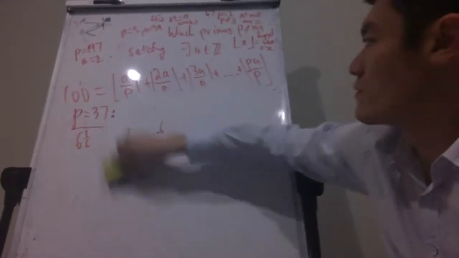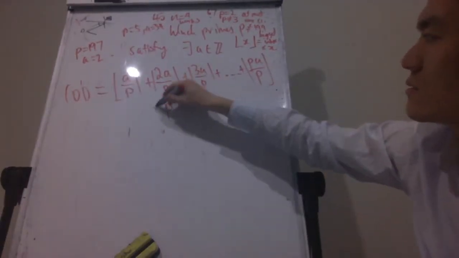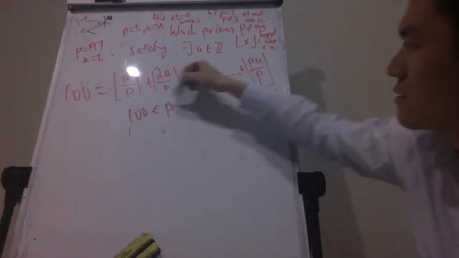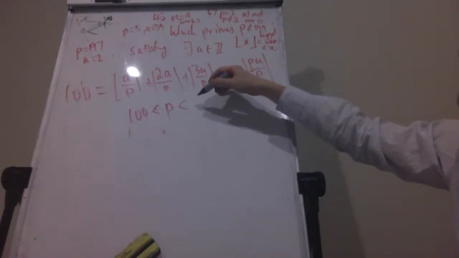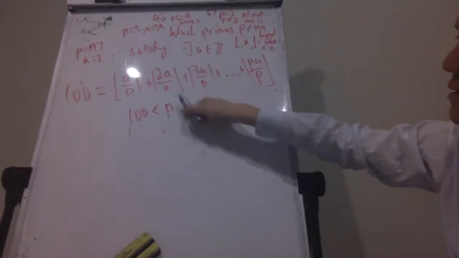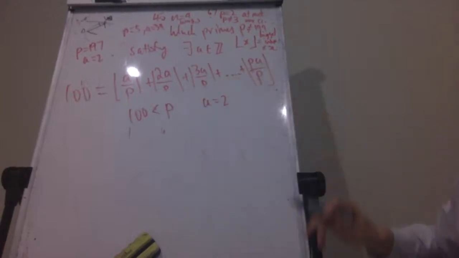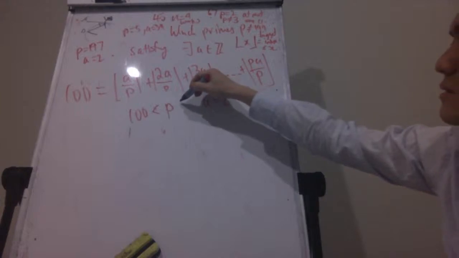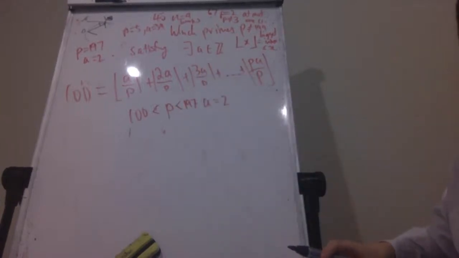So can you see that P can't be bigger than 100? So let's say P is bigger than 100, right? And A equals 2, and it's less than, say, 197.